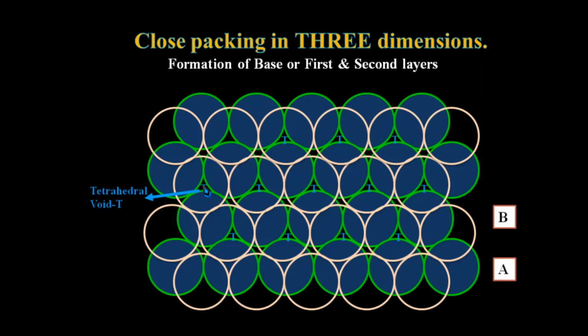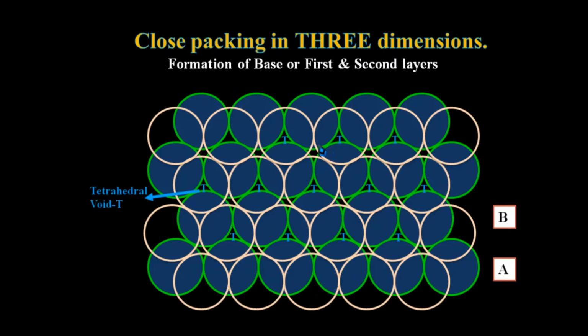For the double triangular void, the triangular void in the second layer is above the triangular void in the first layer, and the triangular shapes of these voids do not overlap. That means they are in opposite directions.